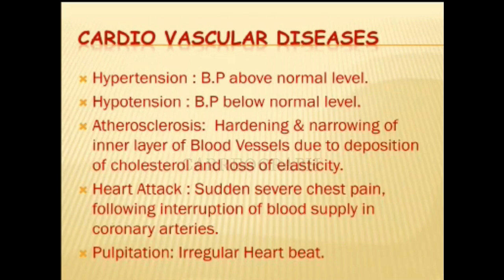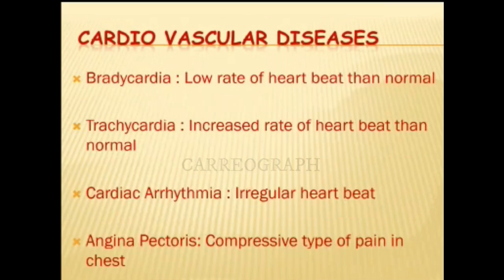Heart attack is the sudden chest pain following interruption of blood supply in the coronary artery. In cardiovascular disease, we also see palpitation, which is irregular heartbeat. We have bradycardia, which is a lower rate of heartbeat than normal. Friends, we have seen that the normal heartbeat is 72 times per minute, and if it comes below 50, the condition is called bradycardia.